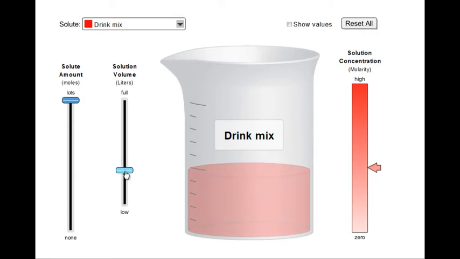Now, if we lowered our volume of solvent, or the total solution volume, it would get more and more concentrated as we removed more and more of the solvent. Or if we increase the amount of solvent, it would get more and more dilute. This was just for a drink mix.